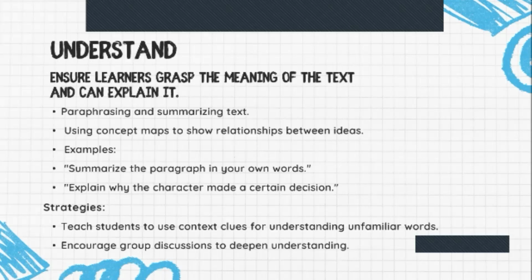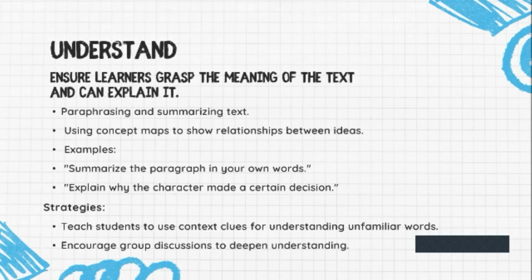Now, the next point is understanding, the next level of thinking: understand. This is to make sure that your learners grasp the meaning of the text and can explain it. You'll be shocked when you ask a learner to read and then tell you what they have read, and then you hear Greek and Latin, like I tell my learners.